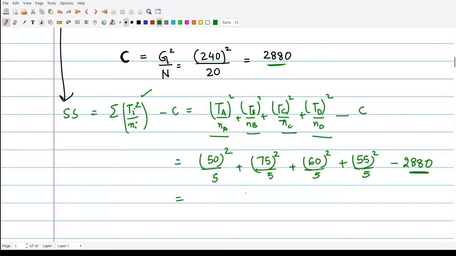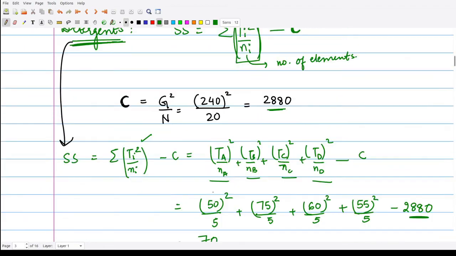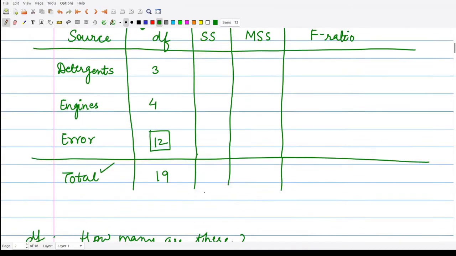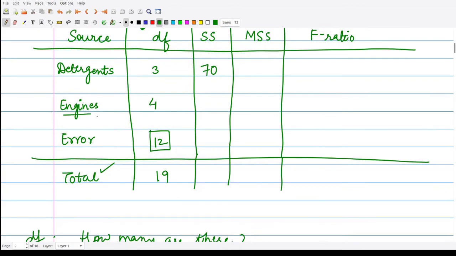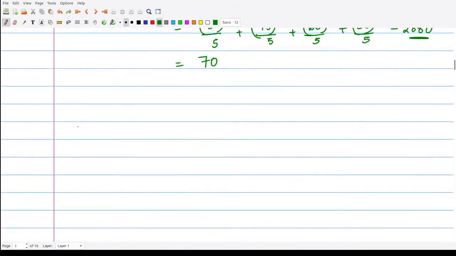When you solve this out, it comes out to be 70. So we got our SS for detergents. Let's fill it in the table. So it is 70. Next, we'll calculate the same for engines. SS for engines.